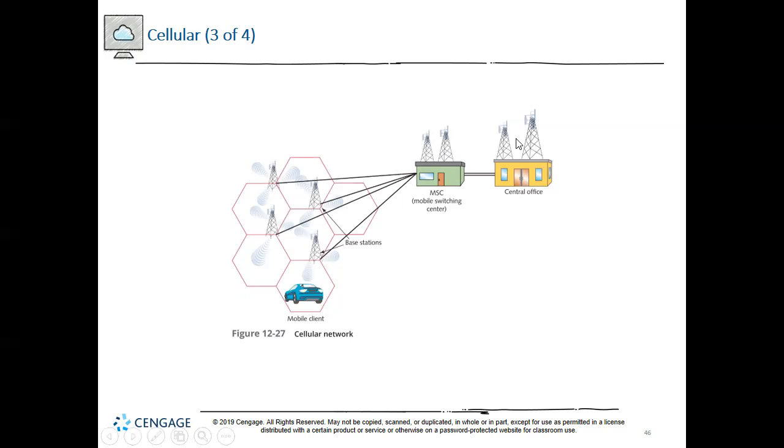So you've got your central office, and we've talked about that, and then a mobile switching center, which is going to connect to all these towers. All of the stuff in between those two is probably going to be wired. But then the rest of our network out there is going to include those towers.